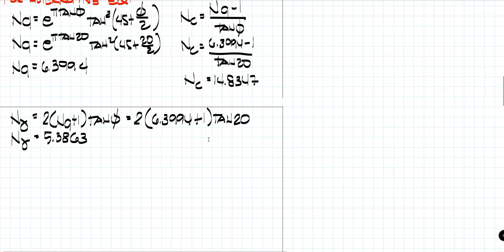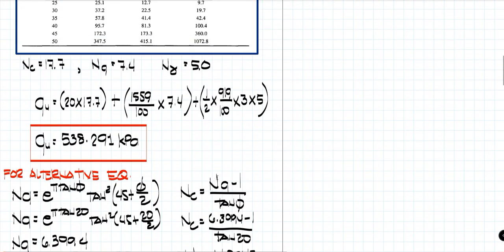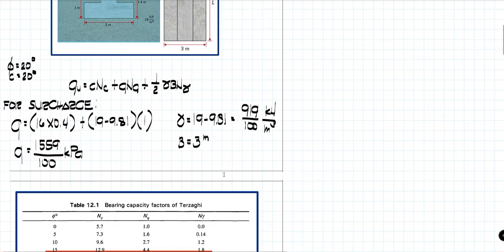Now that we have the bearing capacity factors, syempre hindi naman mag-iiba yung mga dati nating given dyan, which is yung C. So, naka-degrees pala to kanina. Sorry, this is in kilopascal. So, hindi mag-iiba yan. That will be C. Yun pa rin. Yung Q, yan pa din. Yung gamma natin, ito pa din. And yung B natin is ito pa din.